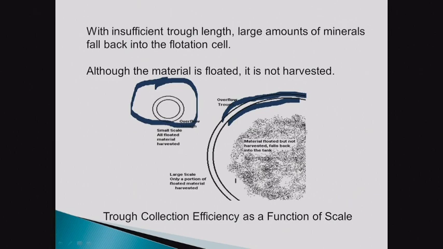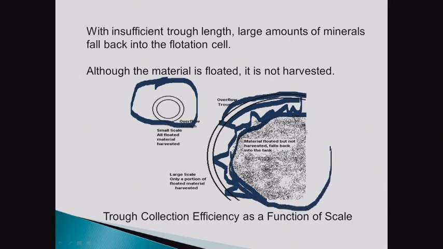Now what actually happens is the material comes up and gets floated to the surface. The minerals are sitting here at the surface. And this portion of the floating material overflows and goes to the weir and is collected and harvested. The other portion of this tank just sits there.